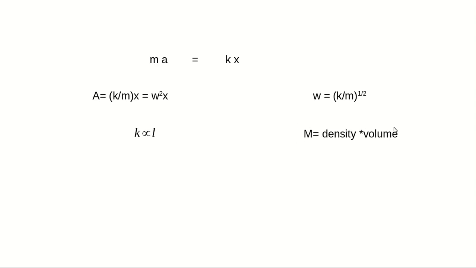But volume is nothing but cube of the length, so it has dimension cubic length. So mass is changing as length cube is changing. If I put this in the formula, what I will get is that omega, the resonating frequency, is changing inversely with respect to L, or I can say omega is inversely proportional to L.